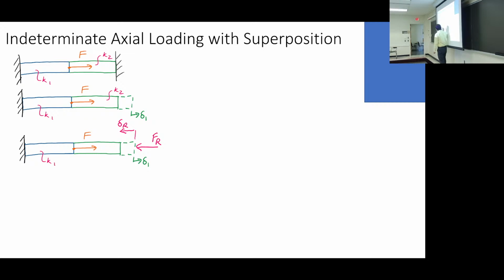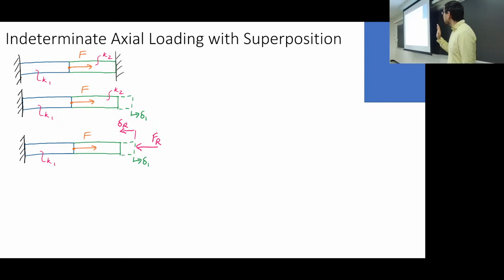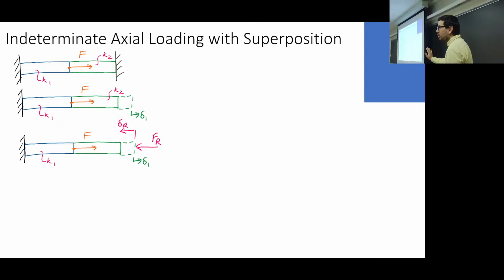It has to apply a displacement that makes the displacement between the left and the right go to 0. So I have to undo what I just did without that wall there. So I push back, and I push back exactly enough so that it goes back to the 0 position.